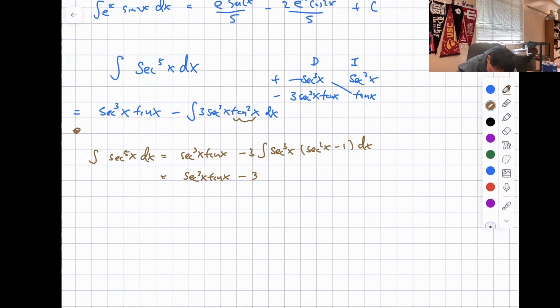This one is going to distribute, so it's going to be secant to the fifth x minus 5 secant, minus secant cubed.